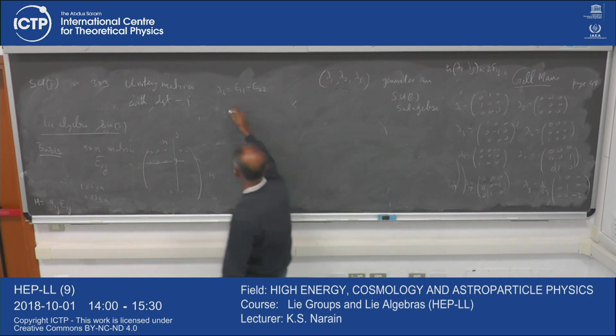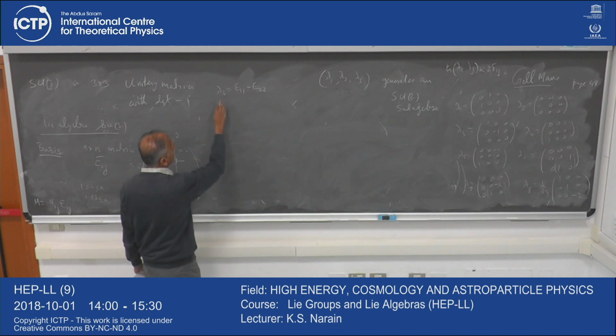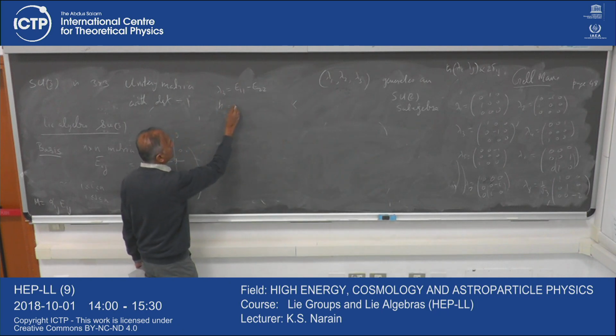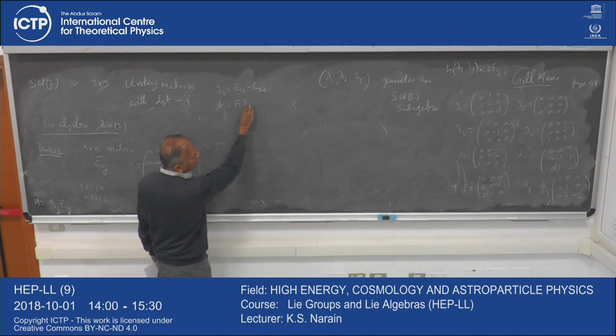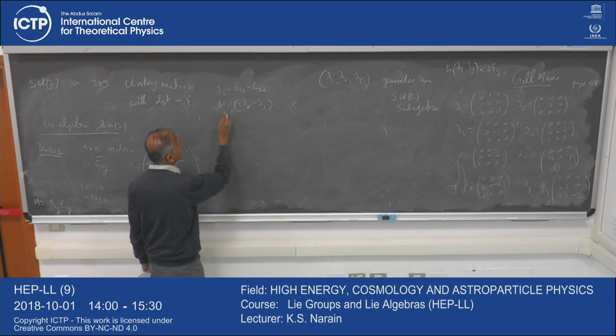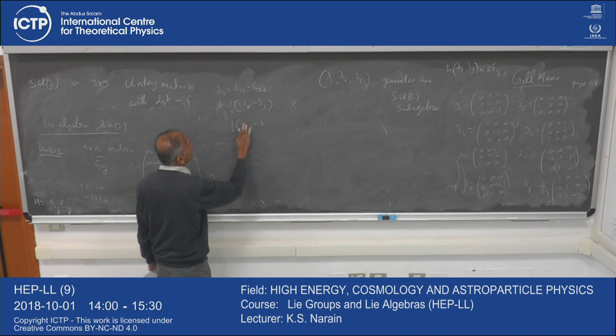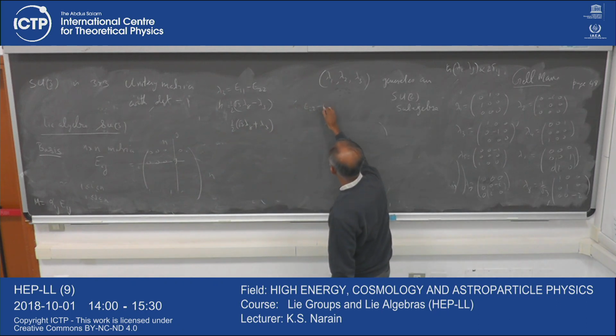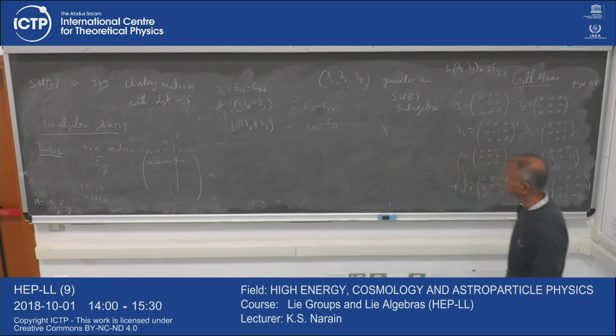In this language, the two generators I wrote down, the combinations root 3 lambda 8 minus lambda 3, over 2, and the one with the plus, are just E22 minus E33 for this one, and E11 minus E33 for this one. So instead of writing all that, you could just write that.